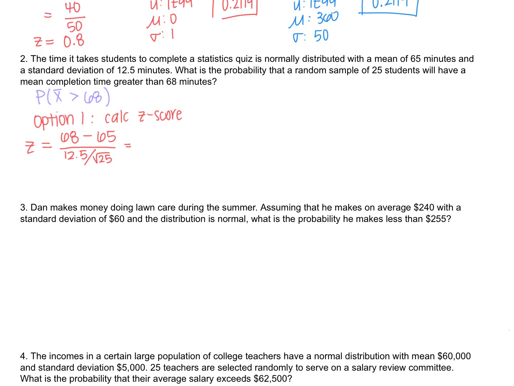That's going to give us 3 over 2.5, which gives us a z-score of 1.2. So for normal CDF, lower bound is 1.2, upper bound 1E99, mean of 0, standard deviation of 1. And we're going to get 0.1151.